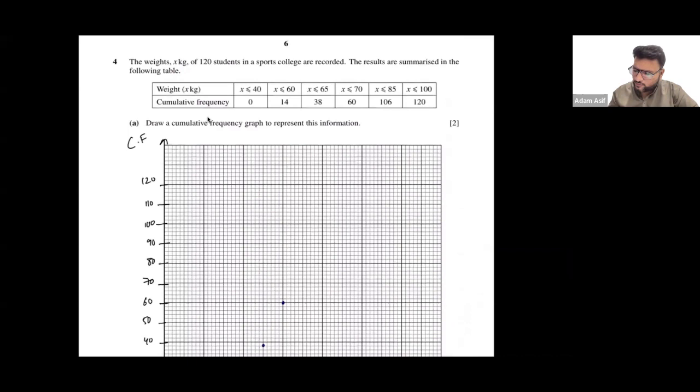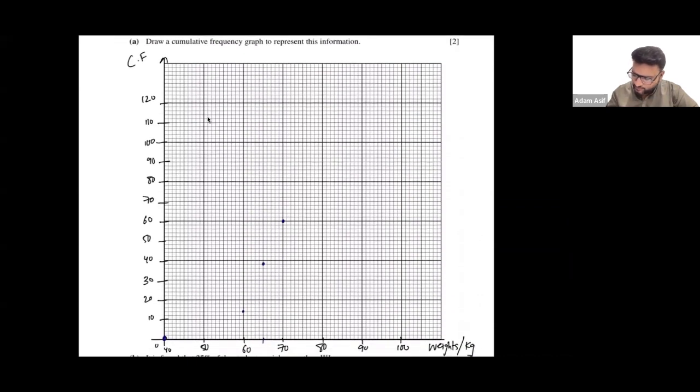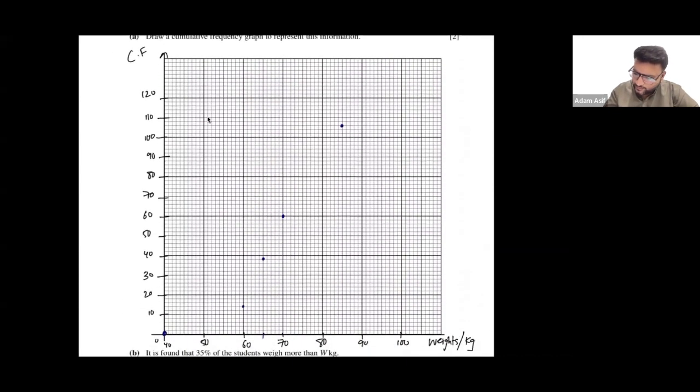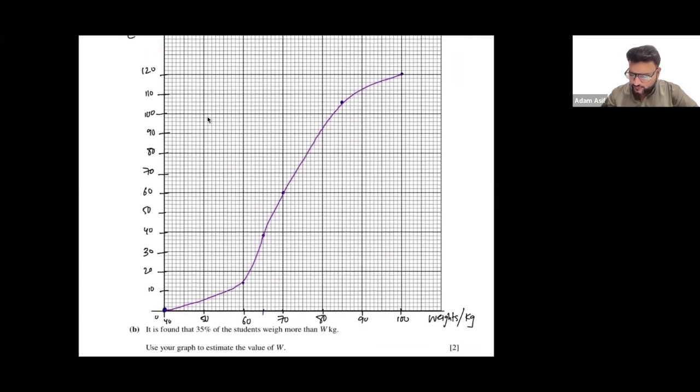Then 85, 106. And 100, 120. Join the points using a smooth curve. All right, now that's our cumulative frequency graph.